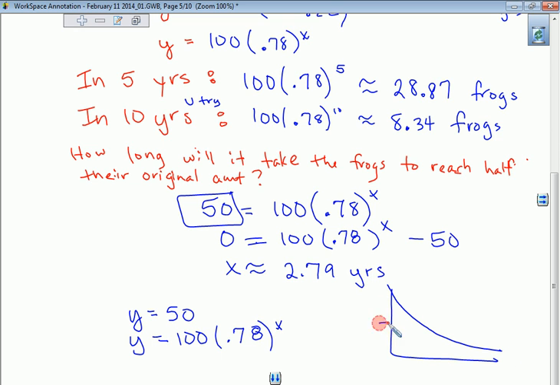And then y equals 50. And then what would we look at right here? Their intersection, right? Actually, on your test I gave you the graph and you just had to read it, because this would have been a little tricky. But that's what we did. We looked at the intersection of the two. And guess where it was? Right here at 2.79. Exactly.